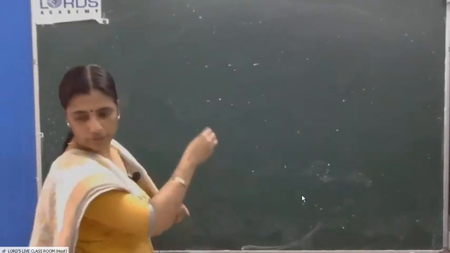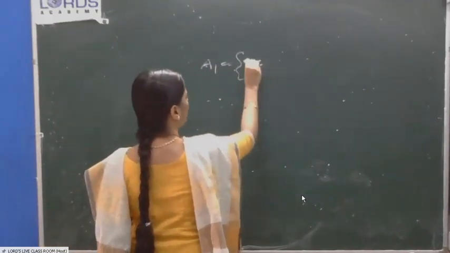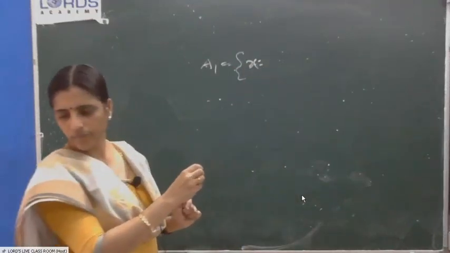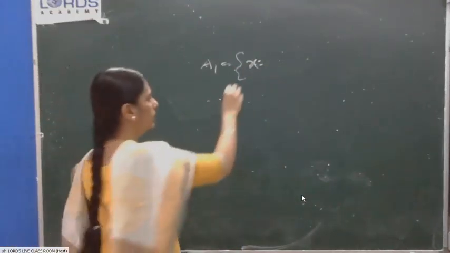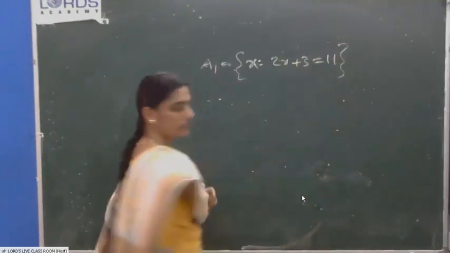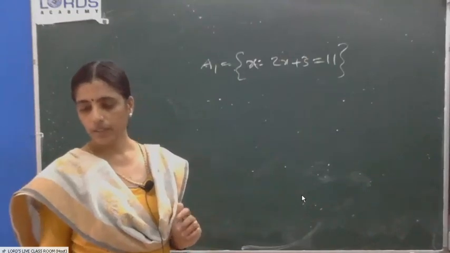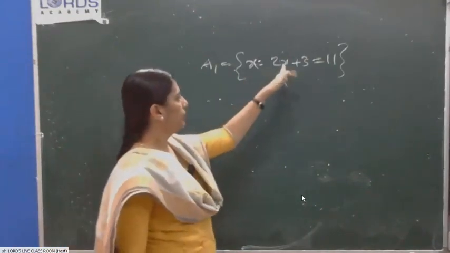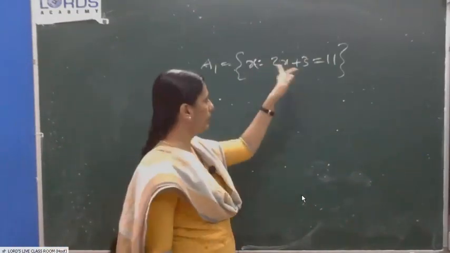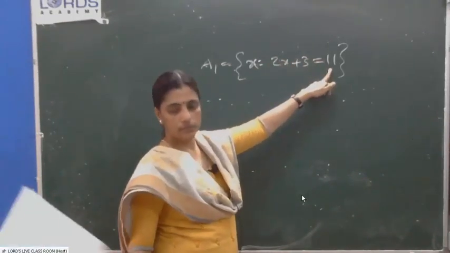Okay. All of you write the question. It should be a little bit fast. A1 equal to x such that 2x plus 3 is equal to 11. Okay. Listen all of you. X comes from which family? No idea. Anyway, they told one condition. 2x plus 3 should be 11.